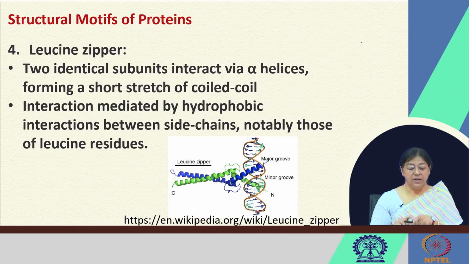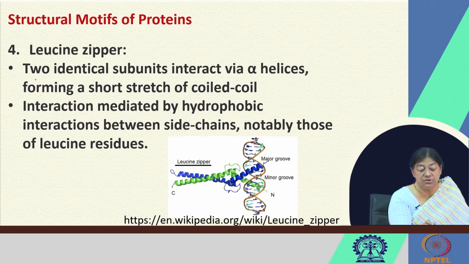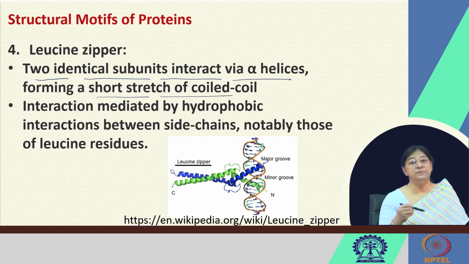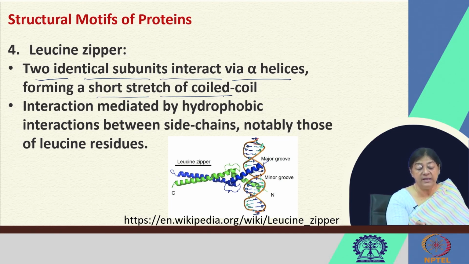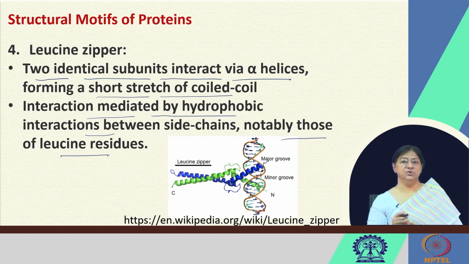space. A leucine zipper is another such motif where there are two identical subunits that interact via alpha helices that form a short stretch of coiled coil, similar to what we saw in alpha keratin and myosin. And here again there is an interaction mediated by hydrophobic interactions, but in these cases these are mostly leucine residues.